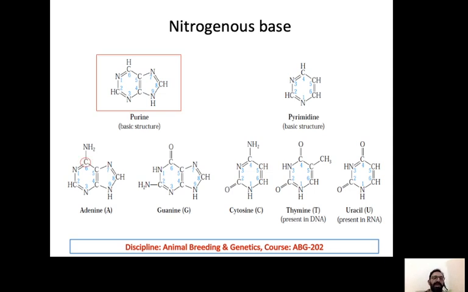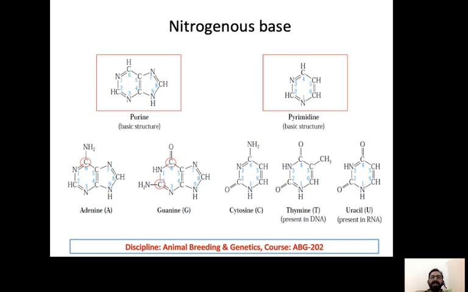In this basic structure, if on position number 6 an amino group is attached, that becomes adenine. And if on position number 6 is the oxygen and the amino group is attached on position number 2, it becomes guanine.